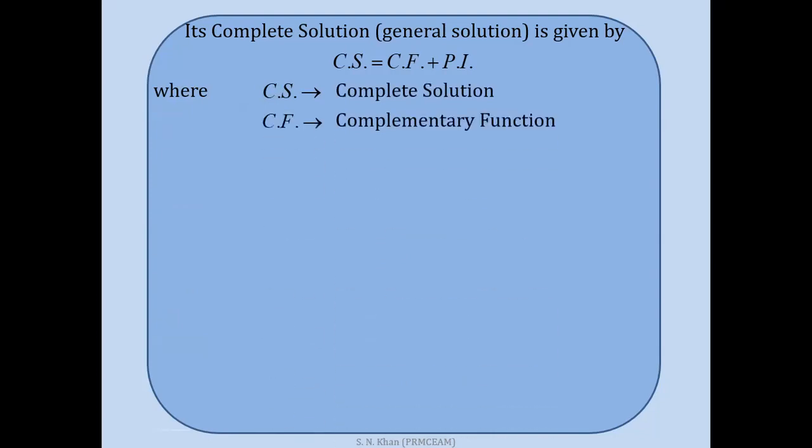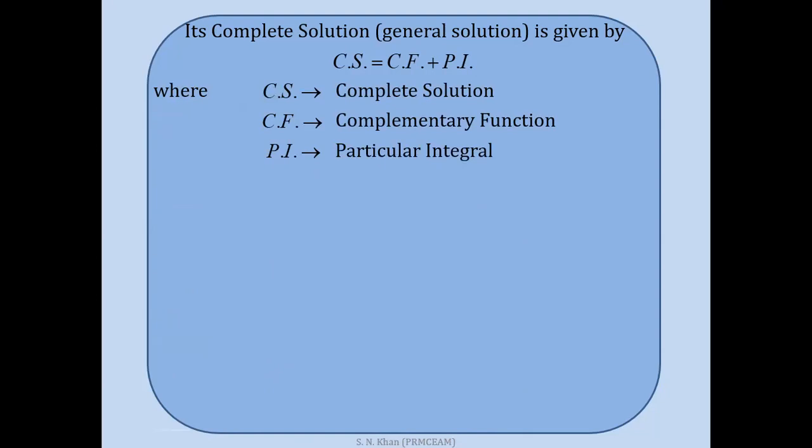Now moving forward, the complete solution of this type of ordinary linear differential equation with constant coefficients is given by CS equals CF plus PI. This is the formula, where CS stands for complete solution, CF stands for complementary function, and PI stands for particular integral.